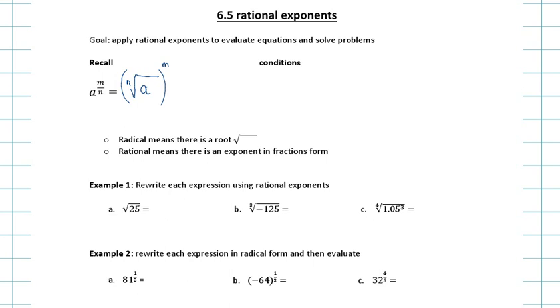Remember, I can write it like this, or I can also write it like this, okay? So that's exactly the same thing. This is going to be the radical format, and this is the radical with the root, and then this is going to be the rational format, okay?